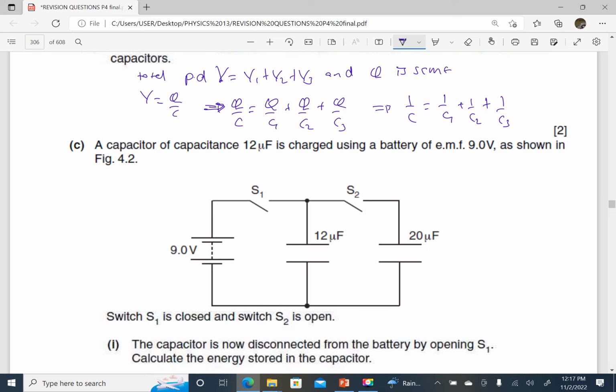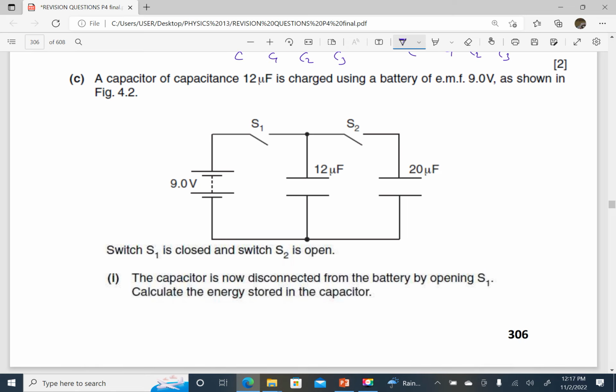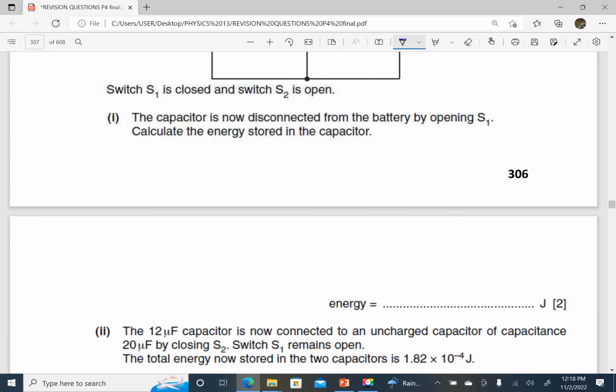A capacitor of capacitance 12 microfarads is charged using a battery of EMF 9 volts as shown. Switch S1 is closed, and S2 is open. So in other words, the capacitor of 12 microfarads is being charged. The capacitor is now disconnected from the battery by opening S1. Calculate the energy stored. Of course, we know that energy is a half CV squared, or you can use a half QV, where Q is CV.